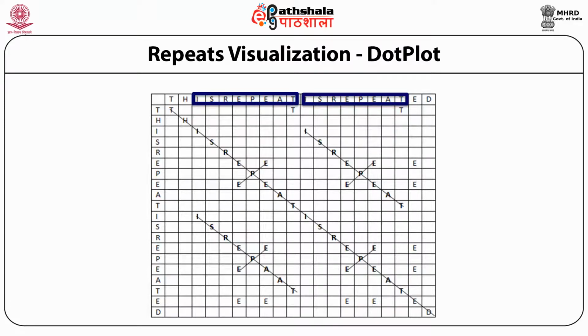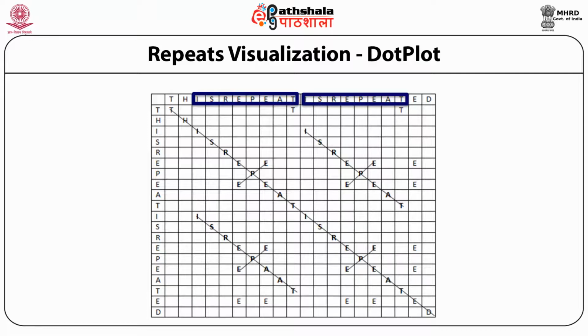In the present case, the sequence has repeated residues and is directly repeating only once. Therefore, there is one parallel diagonal on each side of the main identity diagonal.